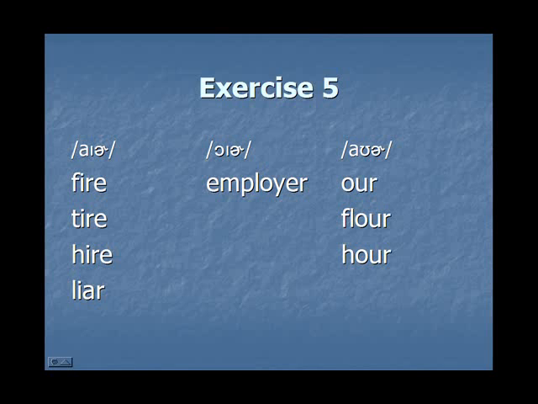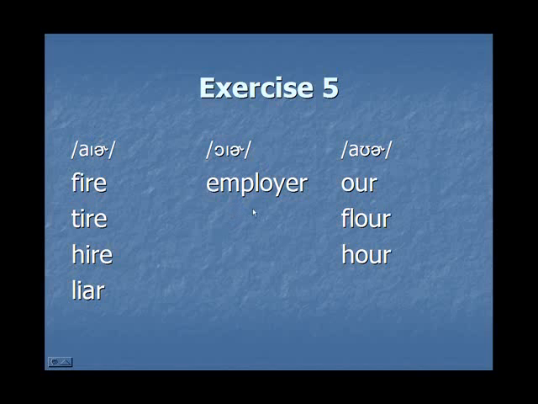Let's practice similar words. Exercise 5. In these words, be sure to make the R sound a separate syllable. Here's group 1. All these words have 2 syllables. Repeat after me. Fire, tire, higher, liar. This word has 3 syllables.